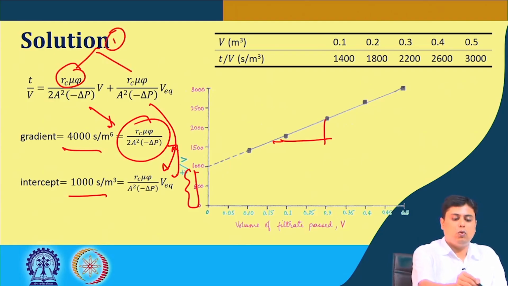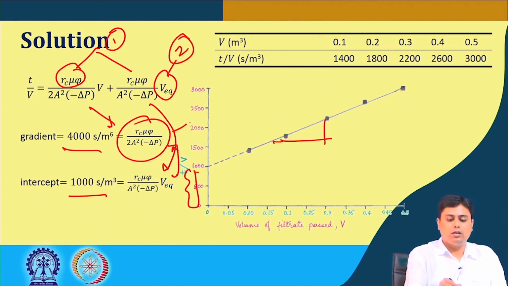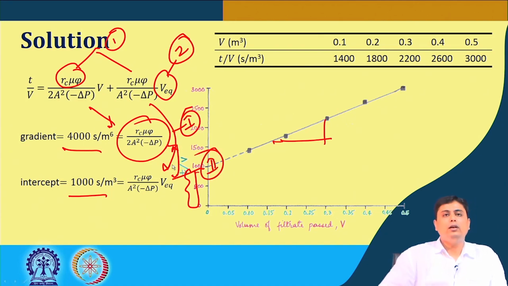If I say this is 1 and this is 2, you have two equations and two unknowns, which means you can now solve and find out what is RC mu phi and VEQ from these two expressions.